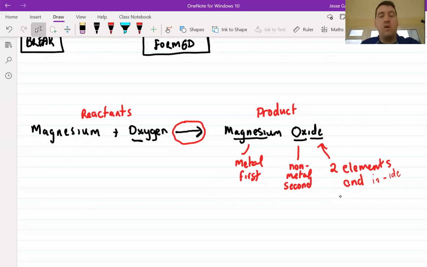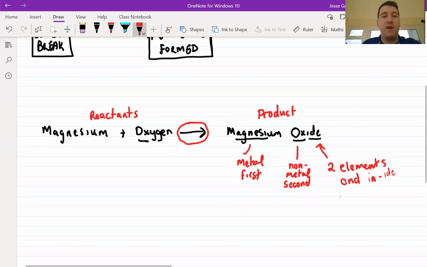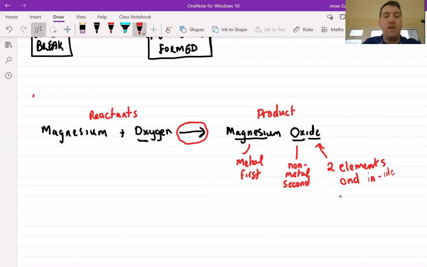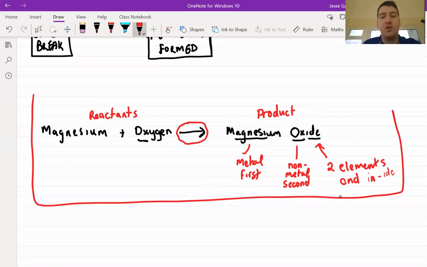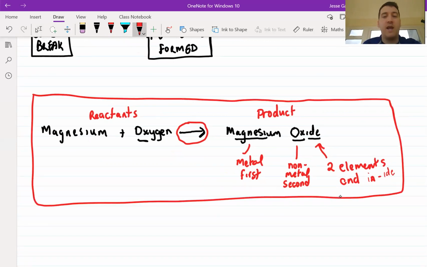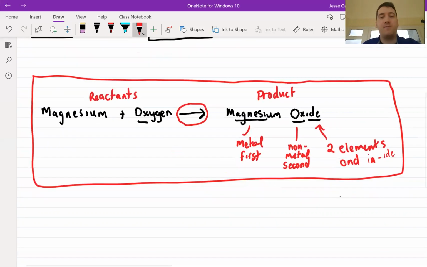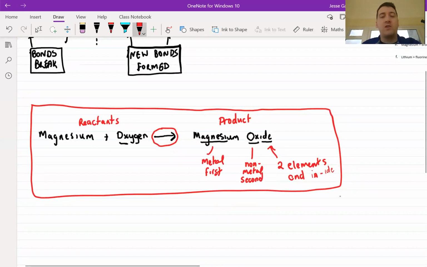Okay, so it might be a good idea at this stage if you pause the video and take down this box here, and that'll teach you how to name a compound. So you should only be watching if you've taken that down. Now, this whole thing here is a list of words that explains what happens in a chemical reaction.